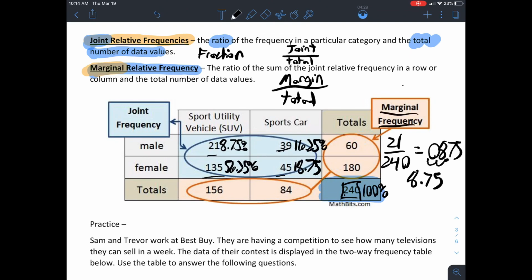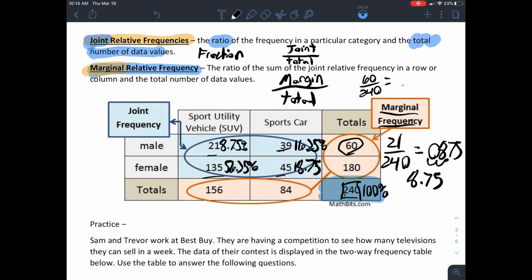Okay? So if we remember, our marginal frequencies are in the edges, right? So the 60 and the 180 and the 156 and the 84. So an example of a marginal frequency would be 60 over 240.